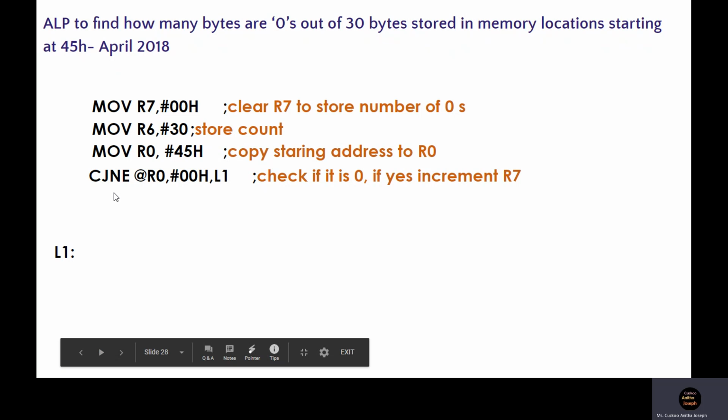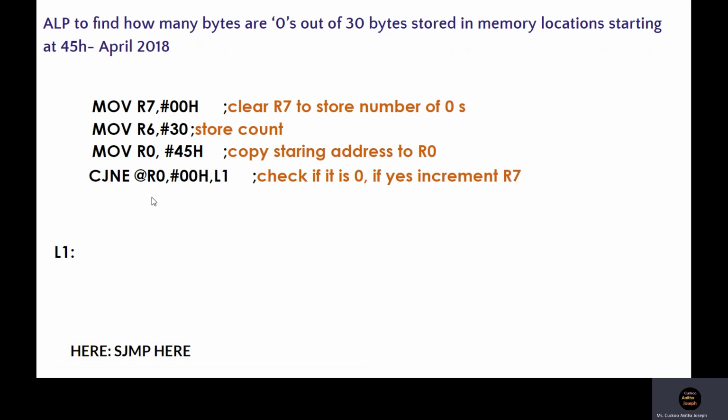So if they are equal, program execution will come to the next instruction after CJNE, and that instruction should be INC R7. So if the element we are considering is equal to 00H, we will increment R7 and come to L1. If they are unequal, we will directly come to L1.